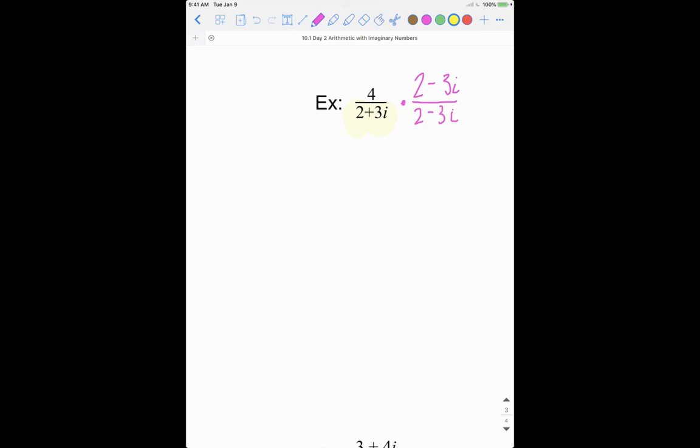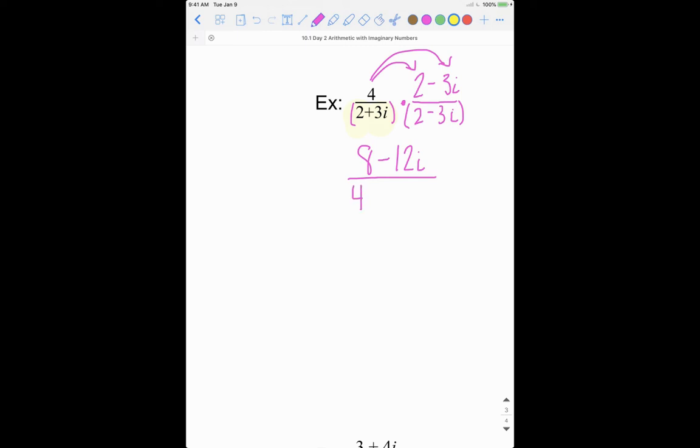On the top, we go just like we did last time, 4 times 2, 4 times -3i. So we get 8 minus 12i. And in the denominator, we've got to FOIL. However you like to FOIL, make sure you use that.